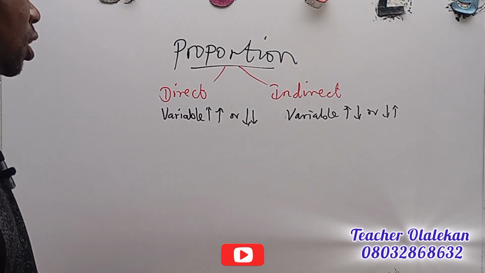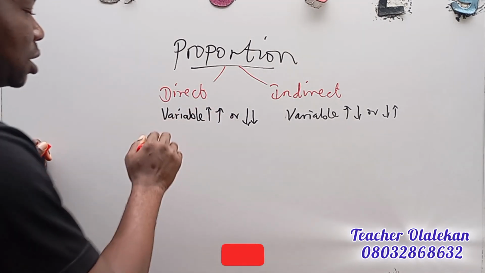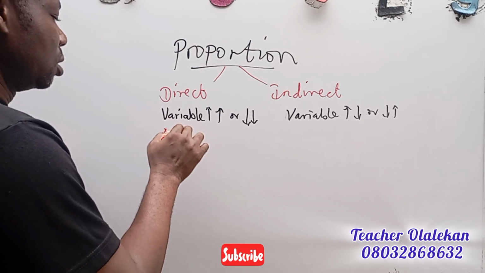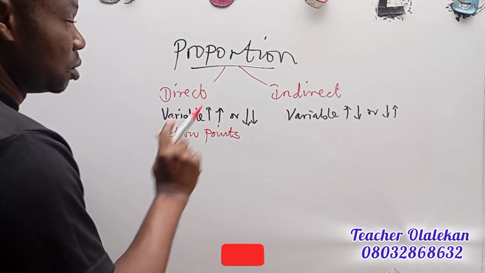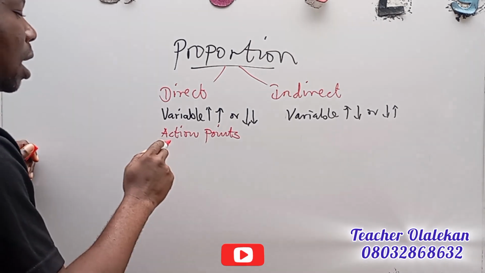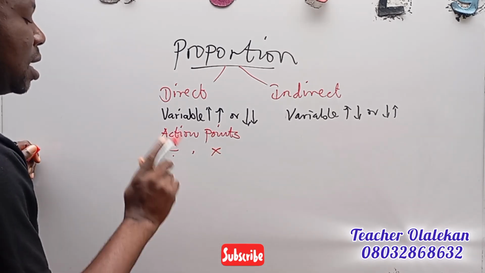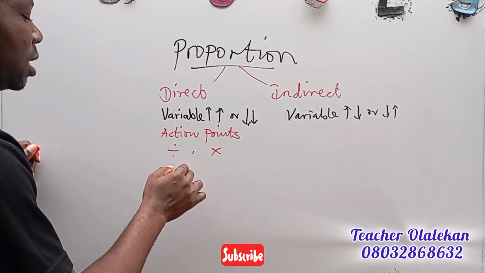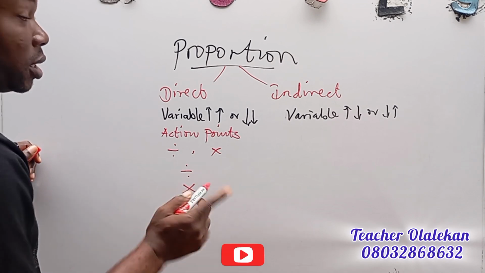For direct proportion, the action point we need to note is that we mostly divide first, then we multiply next. In some cases it may be ordinary division, or ordinary multiplication.